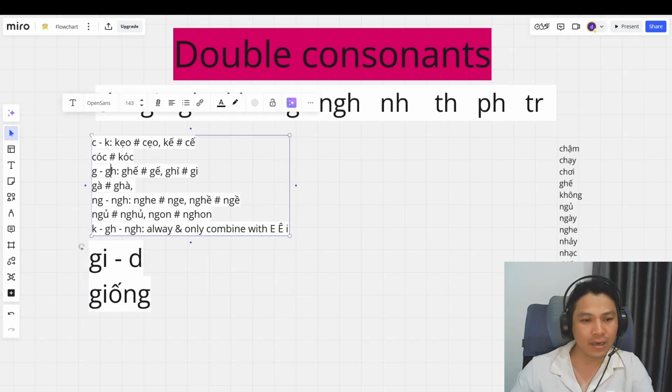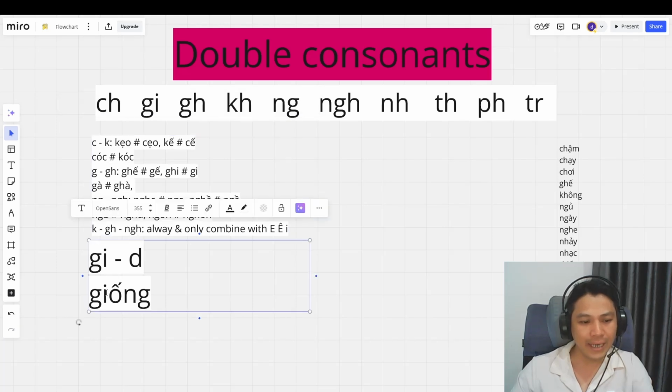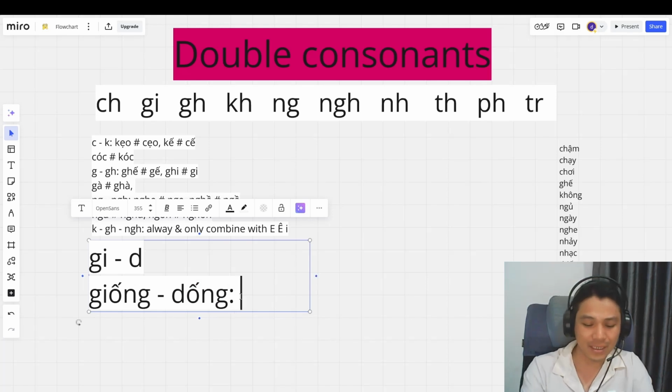If they want to combine with e, it's going to be like this. But why do they combine like this? Because this is just a double consonant. And when you say giống and giống, this word does not exist. It doesn't have meaning. This word means the same.